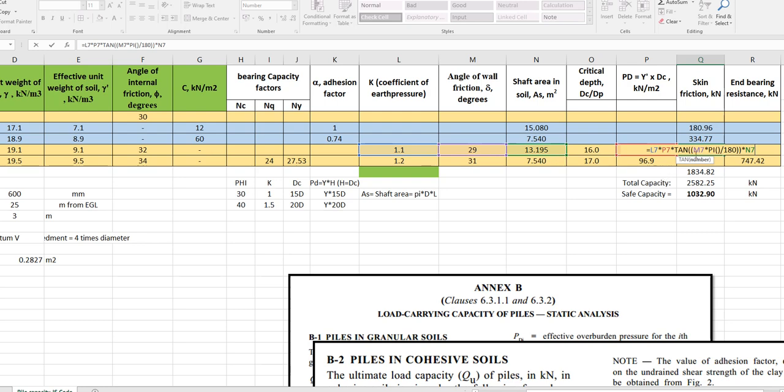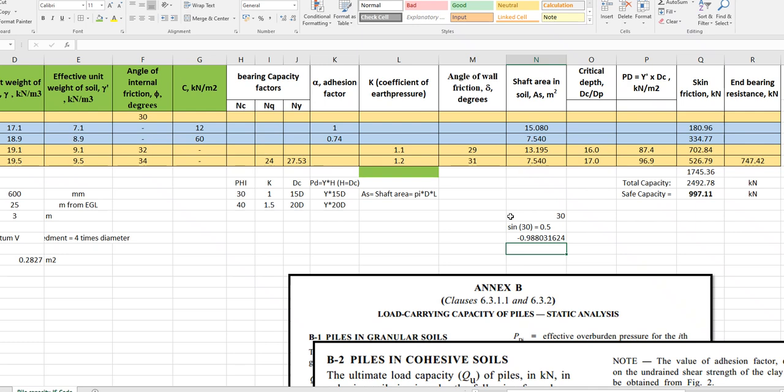You must be knowing already that in Excel, if you want to use a sine or cosine of some angle, you will have to multiply by pi by 180, otherwise it will give wrong results. So just for example, sine 30, you must be knowing sine 30 is equal to 0.5, right? So let's see what this sine of this 30 gives.